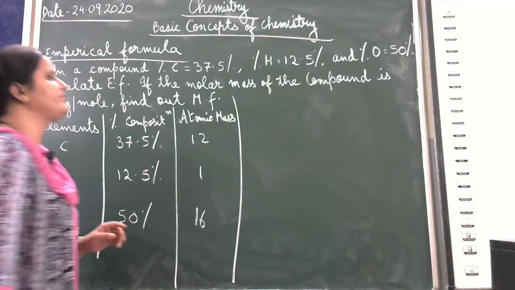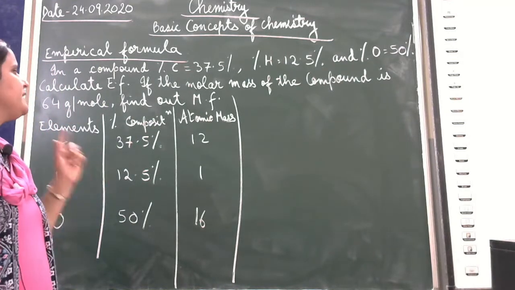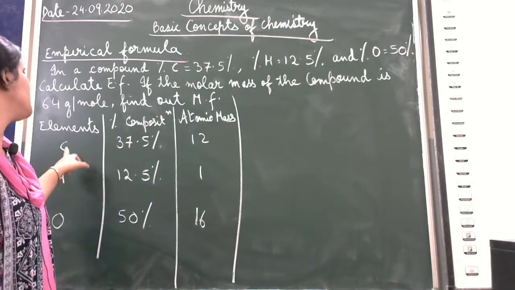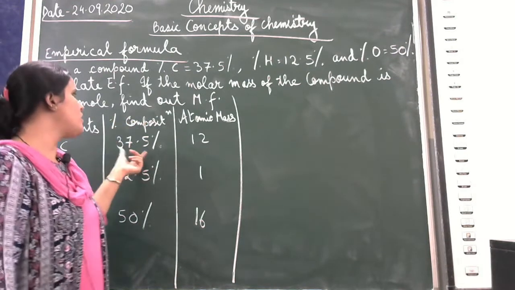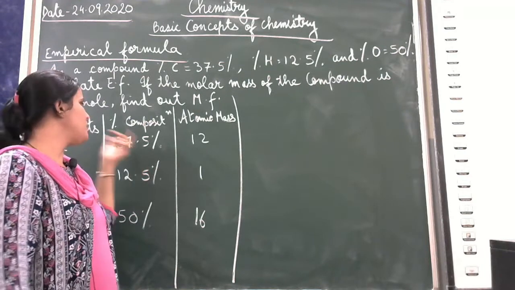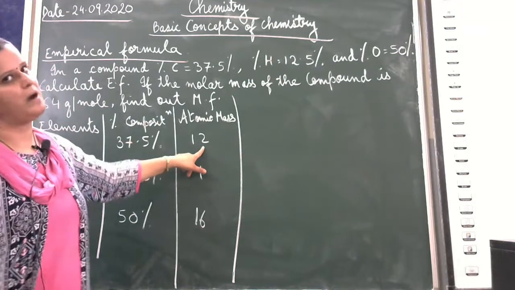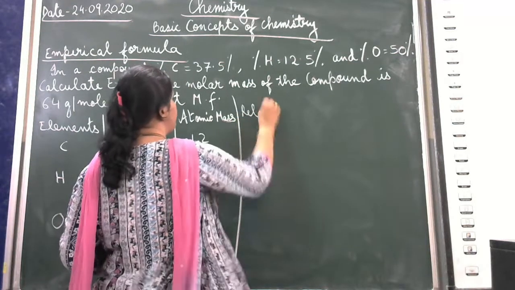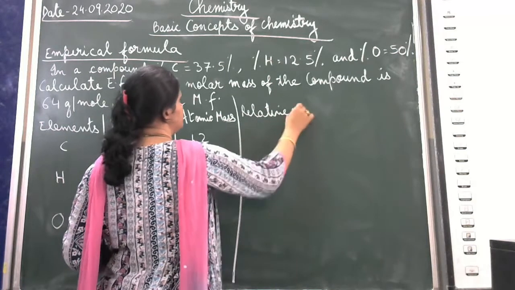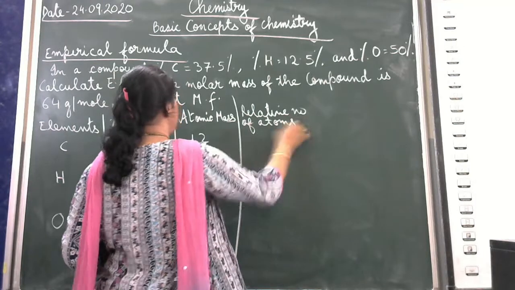Next column, we are going to find out the relative number of atoms of each element. And how are we going to do that? The percentage composition which is given to you, you have to divide it by its corresponding atomic mass. Okay? So the fourth column is relative number of atoms.